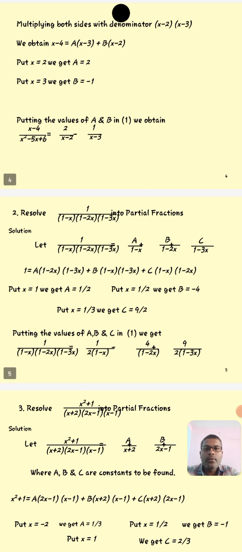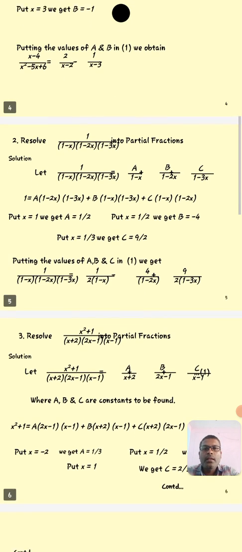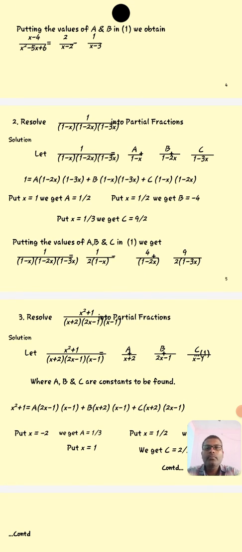Okay. Now we see another problem, number 2. Resolve 1 divided by 1 minus x, 1 minus 2x, 1 minus 3x into partial fractions. Okay. Here we go to the solution.